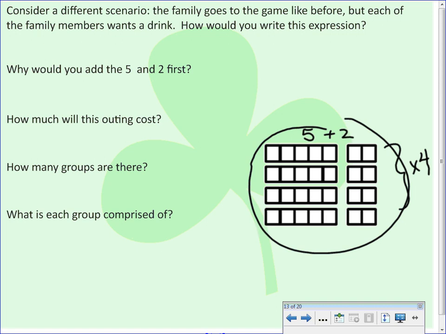So even though that goes against the order, this is where parentheses are going to help us out. So our equation would be $5 ticket plus a $2 soda. So once you have that part written down, then we multiply it by the 4 people. So it's 4 people times the $5 ticket plus the $2 soda.